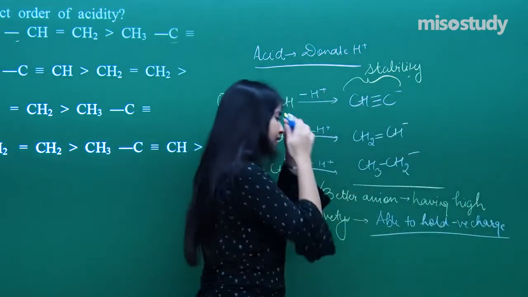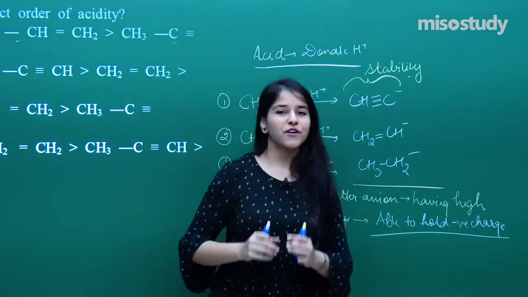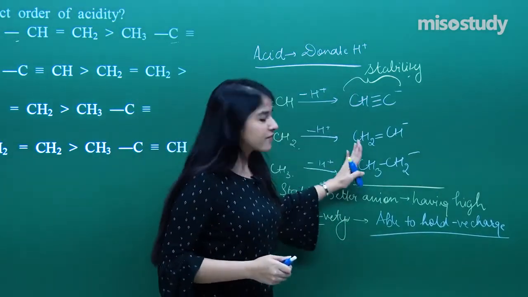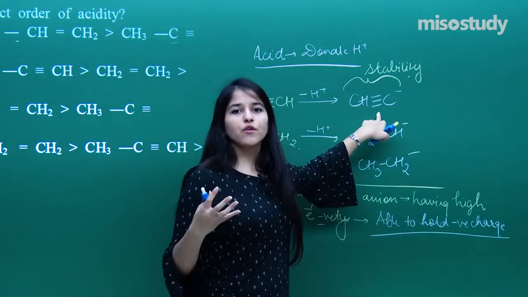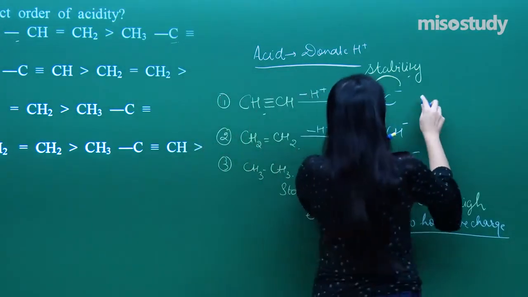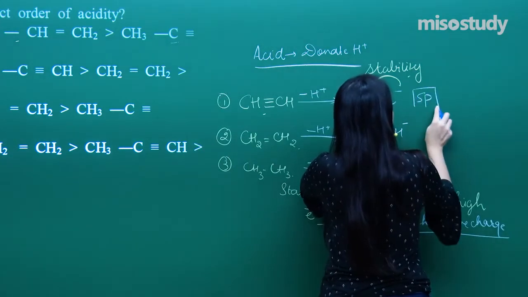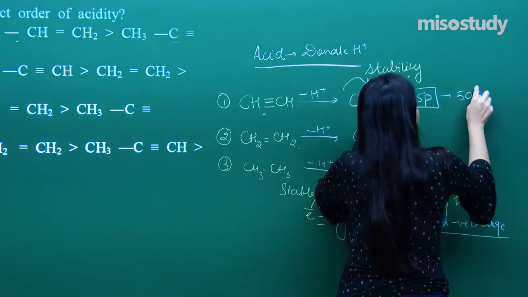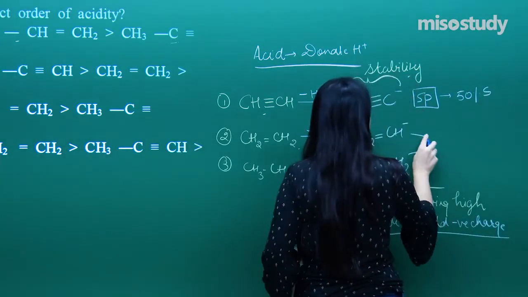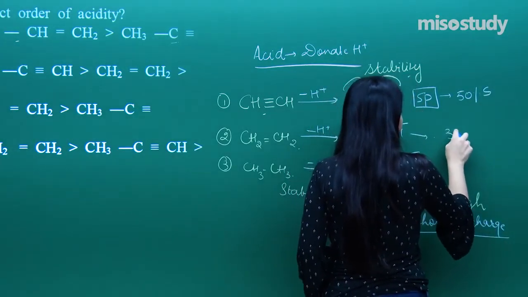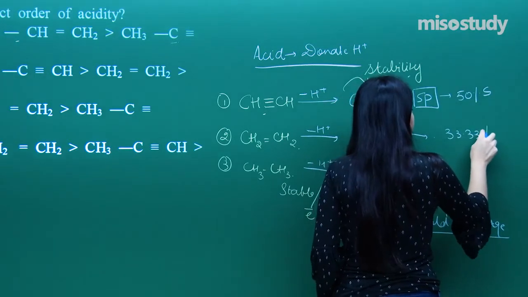And if you see here very carefully, on the basis of S character we have got the answer. On the basis of S character, alkynes, that means the triple bond, always have the highest S character. This is sp hybridized having 50% S character, and here I have 33.33%, approximately.